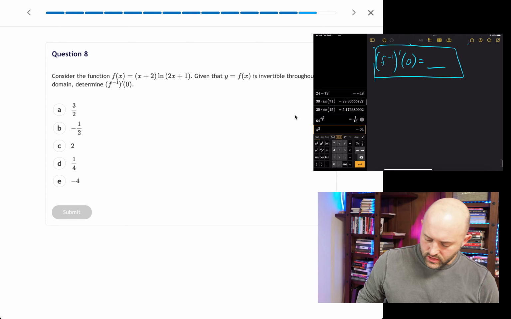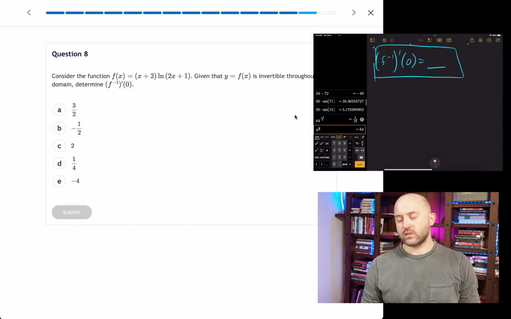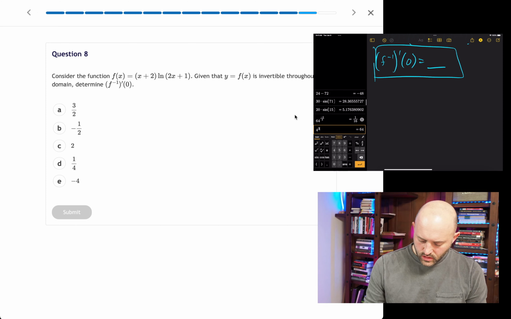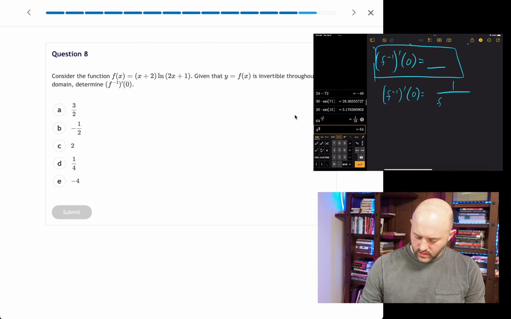Okay, from memory, can you do, what is the formula of this? The derivative of f inverse at 0 is equal to the inverse of f prime of f inverse of 0.